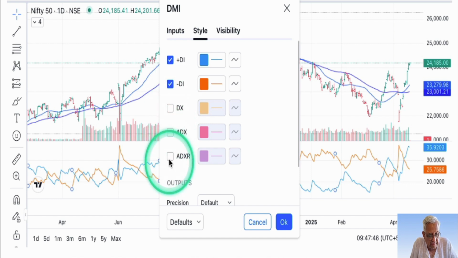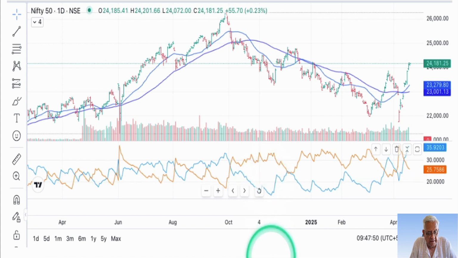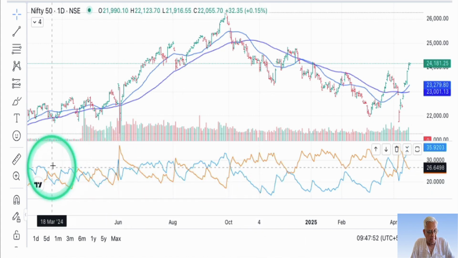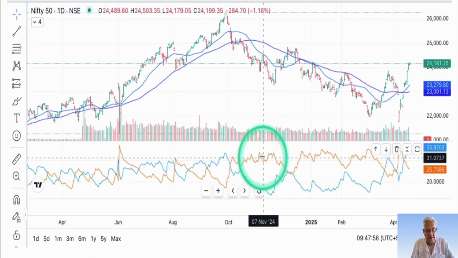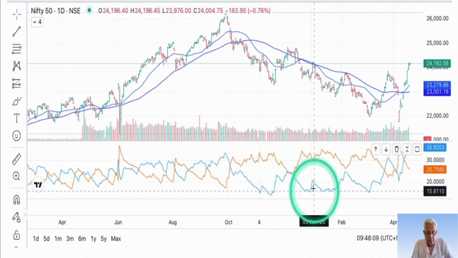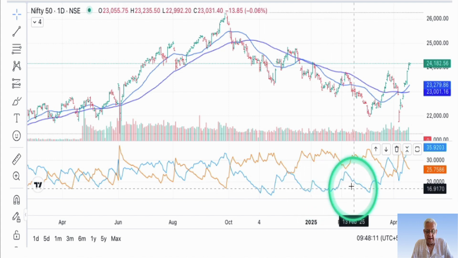The remaining I have removed so that it cuts out the noise and gives me a clear plus and minus. In this case, the orange is the minus DI, directional indicator. That means negative forces are pushing it down. That is orange. And the blue one is the plus DI.